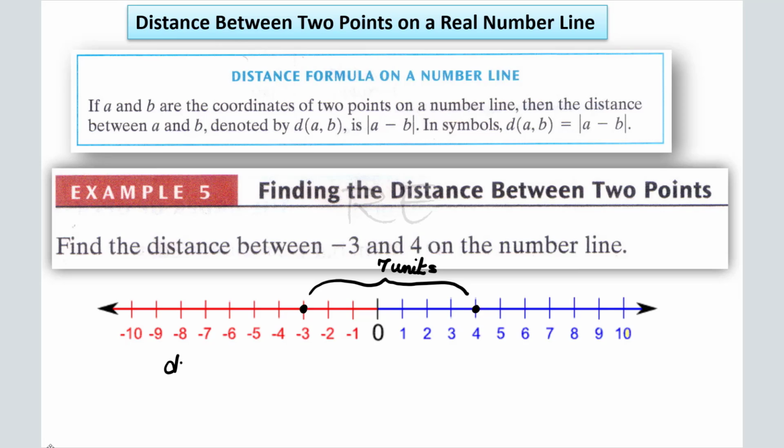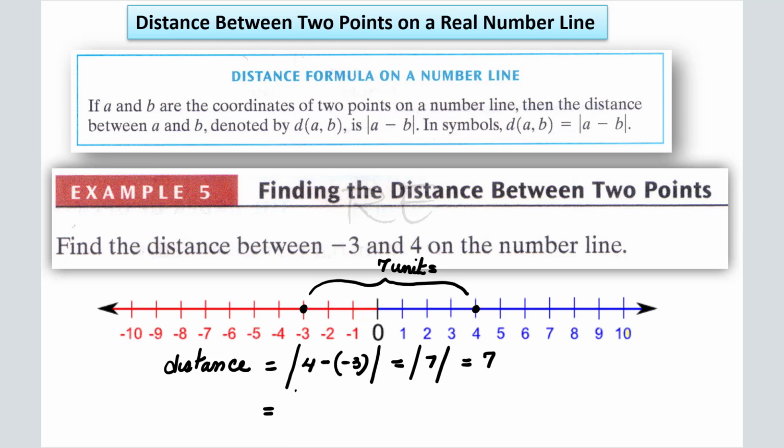The formula will allow us to find that distance without counting the units, and it's going to be the absolute value of 4 minus negative 3, which is really the absolute value of 4 plus 3, absolute value of 7, which is 7.